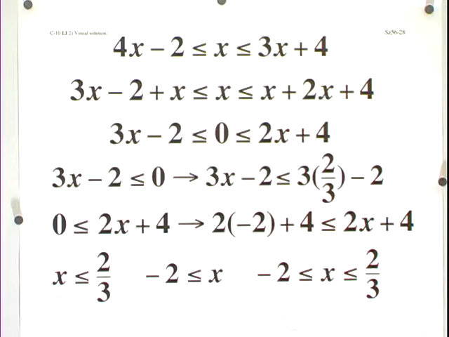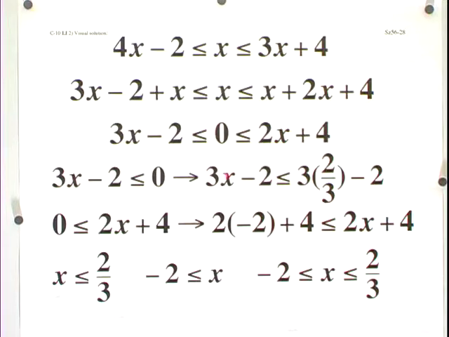So what I'm going to do is work on this one first. 3x minus 2 less than or equal to 0. I'm going to rewrite 3x minus 2, and then I'm going to put in here on this side a plus 2 and a minus 2. Okay, to match this, minus 2.